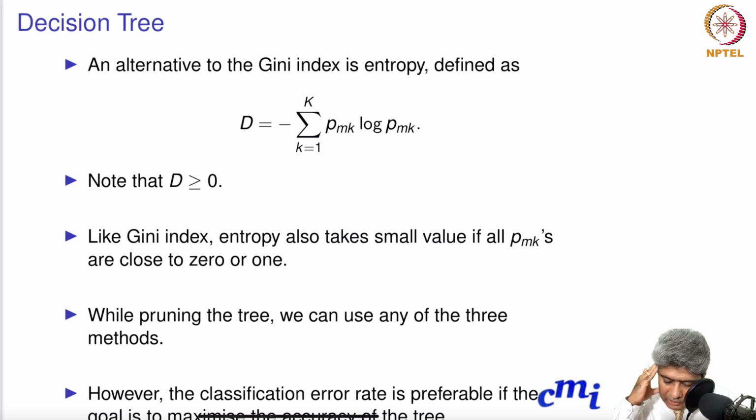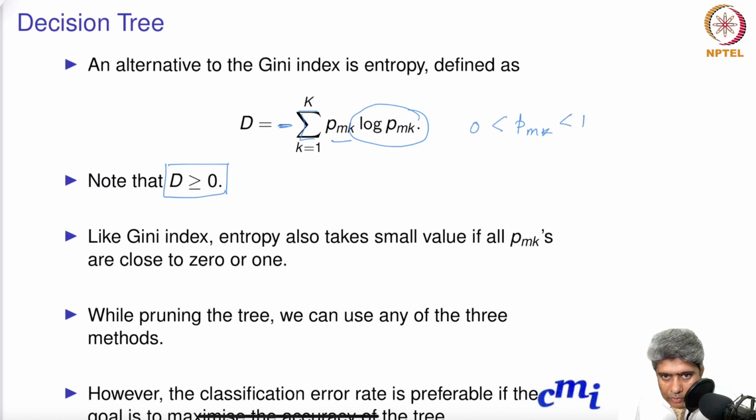An alternative to the Gini index is the entropy, which is basically pmk times log of pmk, take the summation and take the minus. Then D will automatically be greater than or equal to 0, which is kind of obvious because pmk is always between 0 and 1 for a classification problem, which makes log pmk negative, so the whole thing is always greater than or equal to 0.